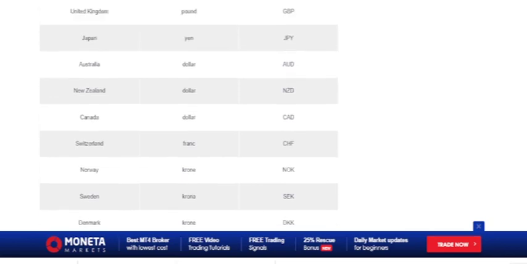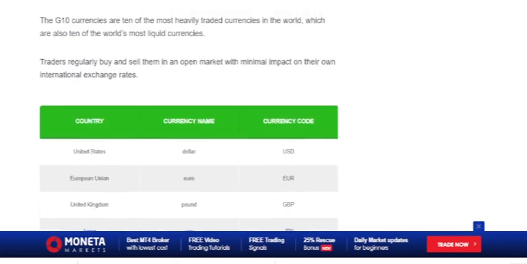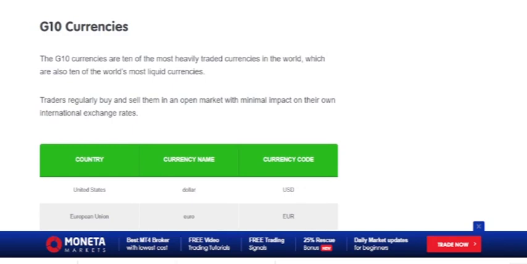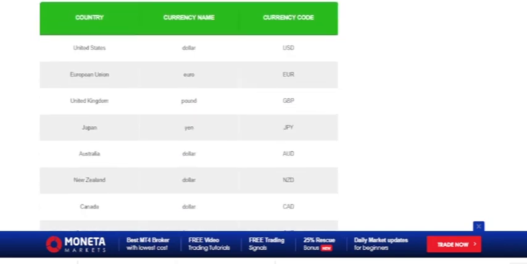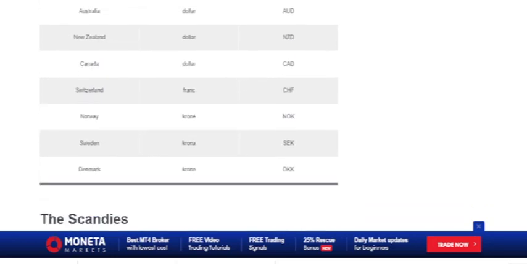These are the 10 great currencies that we have. You might say these are the majors minus Norway, minus Denmark, minus the Swiss. The others are the major currencies. Yes. So we are going to look at the next group.